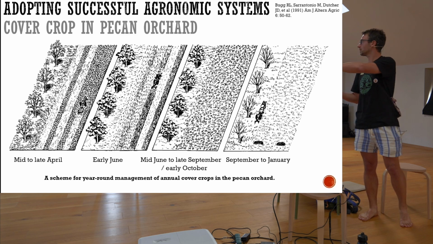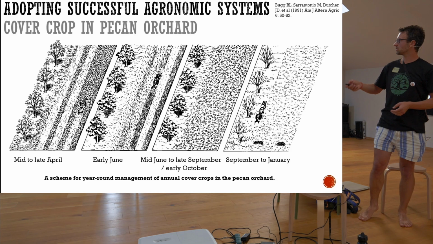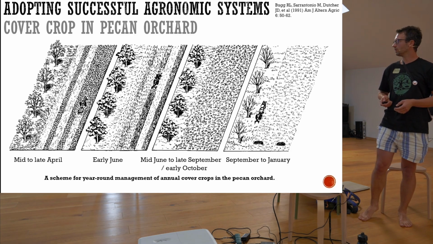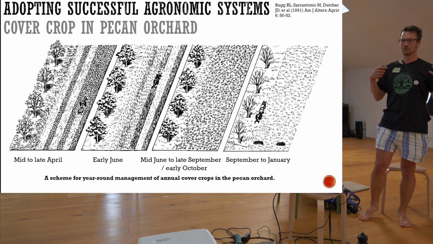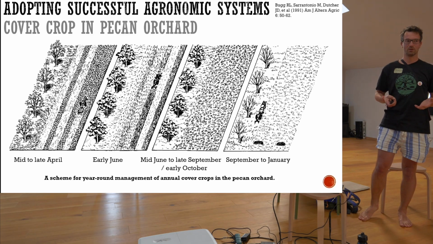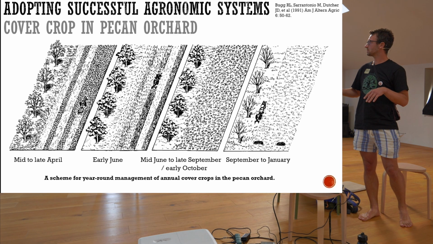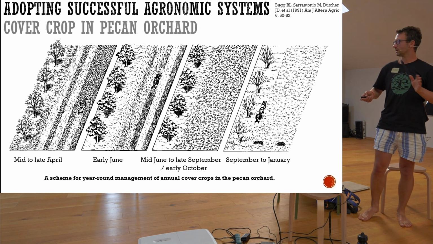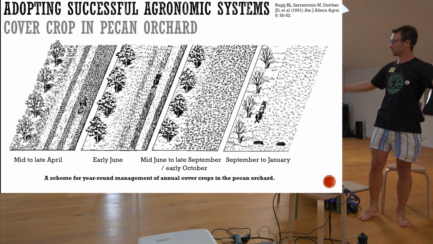The second part of the system is the cover crop which is grown under the tree crown. It is designed not to compete with the tree for moisture. Therefore, it grows big biomass in autumn when we have a lot of rain, and it dies early in spring. Then this system includes some vine crops, and these vines spread on top of this mulch, so it builds up a lot of biomass.